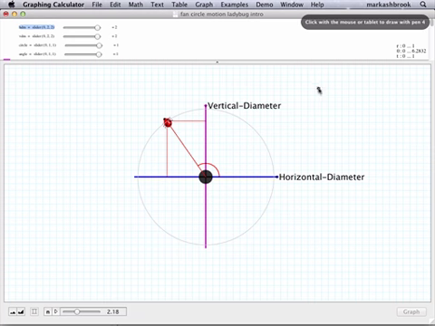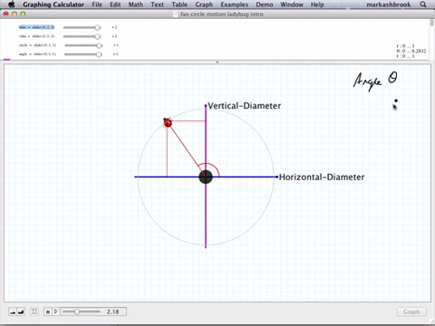So the angle theta, the cosine of theta, and the sine of theta: how are they represented in the diagram? Estimate all three values based on this particular setup. Talk to the person next to you. Go.